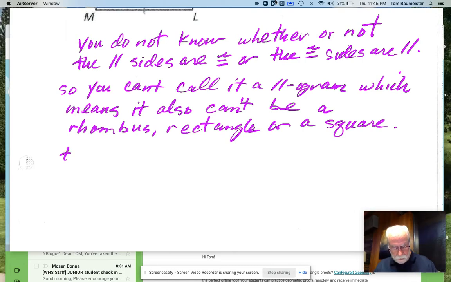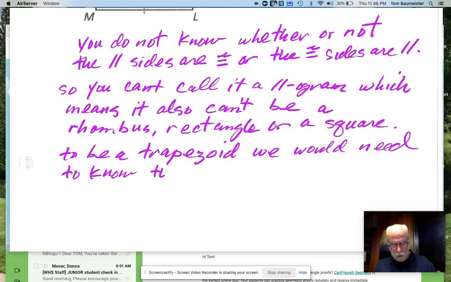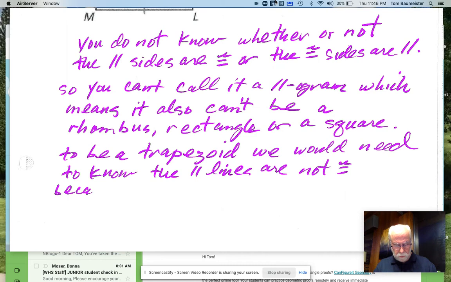To be a trapezoid, let's start with that one, we would need to know the parallel lines are not congruent, because the bases have to be different lengths.